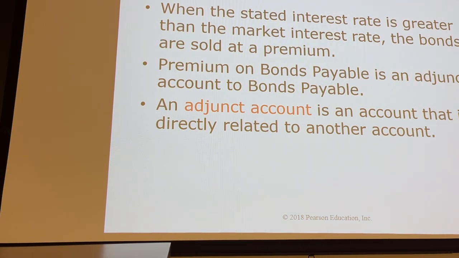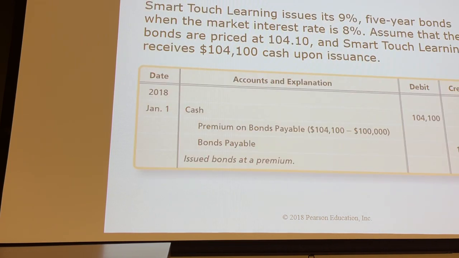Well, in this case, the premium account increases the value of the bonds payable account that it's paired with. So it wouldn't be technically correct to call it a contra account. So we call it an adjunct account instead, to reflect the fact that it's related to another account, but it doesn't really reduce the value of the account that it's related to.